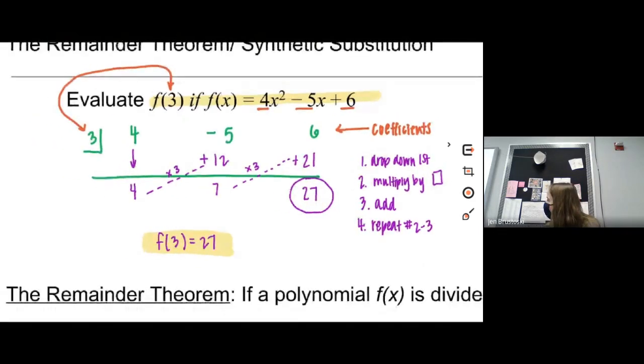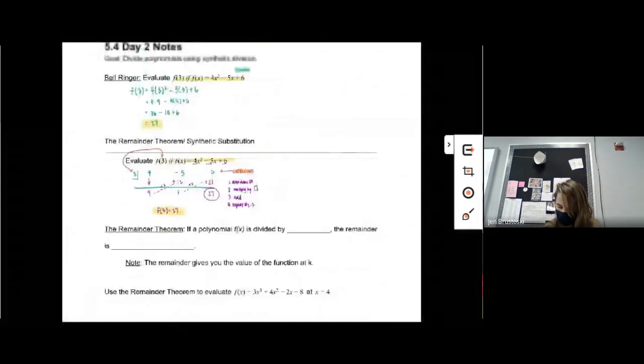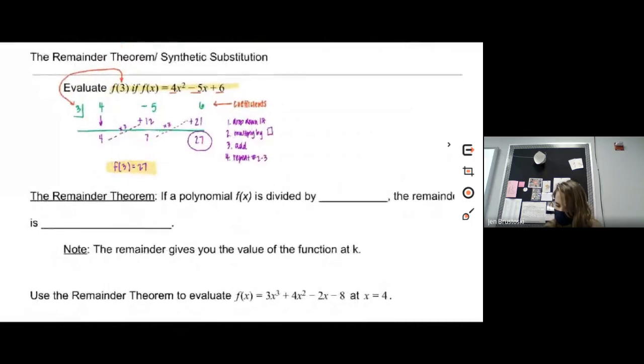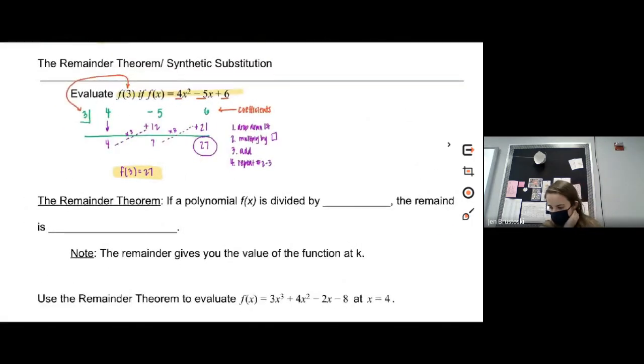All right, so the remainder theorem states if a polynomial is divided by... I can't remember what we call it. The remainder gives you the value of the function.